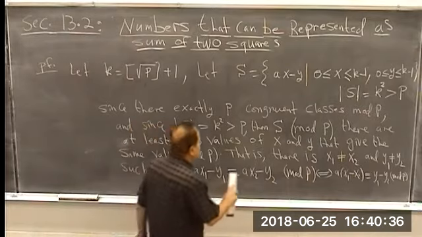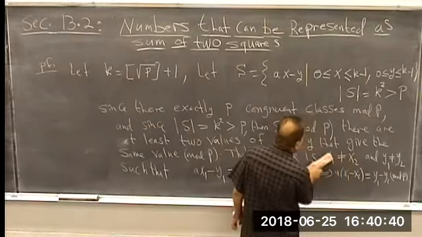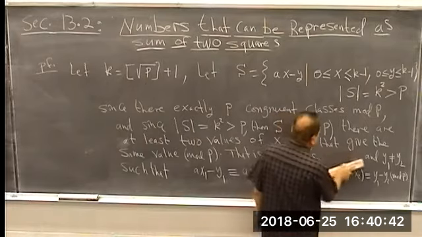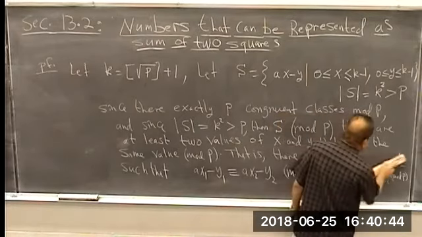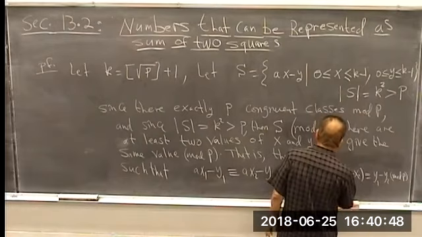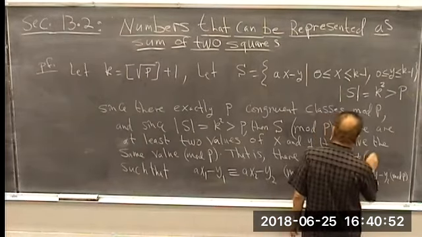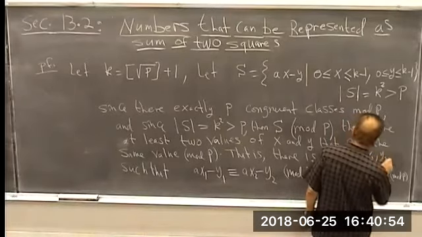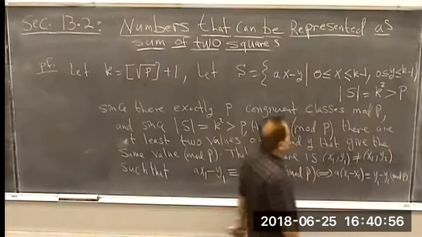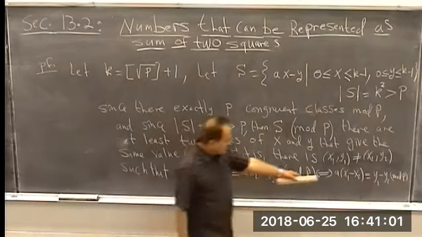There exists a different pair. Let me write these as an ordered pair: there is (x1, y1) not equal to (x2, y2) as an ordered pair, such that this is true in there.